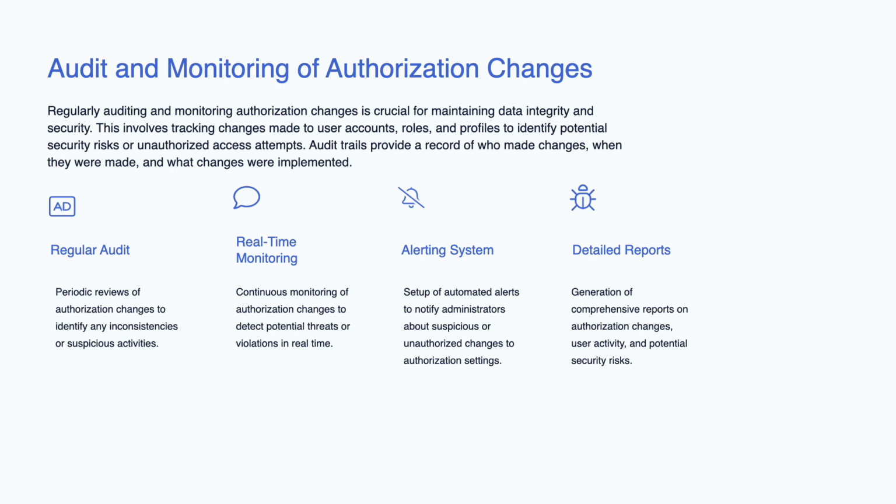This involves a few steps. The first one is a regular audit. Periodic review of authorization changes helps to identify any inconsistencies or suspicious activities, ensuring that your SAP system remains secure and compliant with organizational policies.